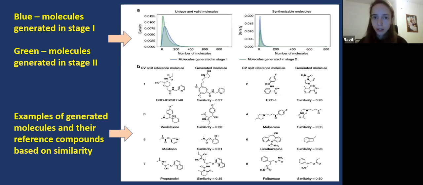As you can see here, the second GAN had a higher density of unique and valid molecules, which means that adding a second GAN to this model increases the accuracy. And here are examples of generated molecules and the closest reference compounds based on the similarity.